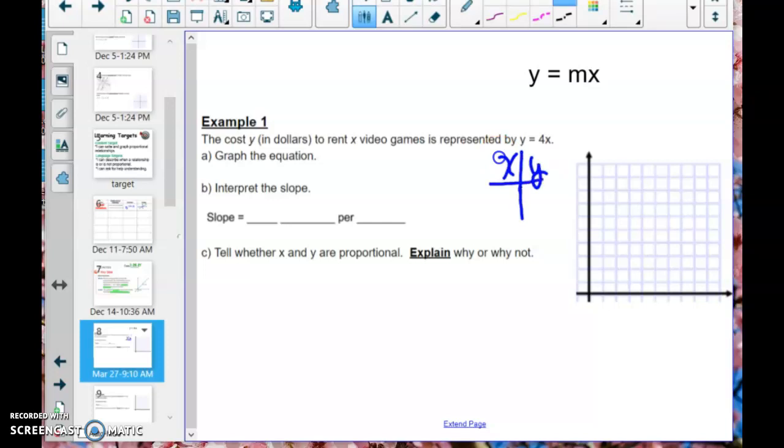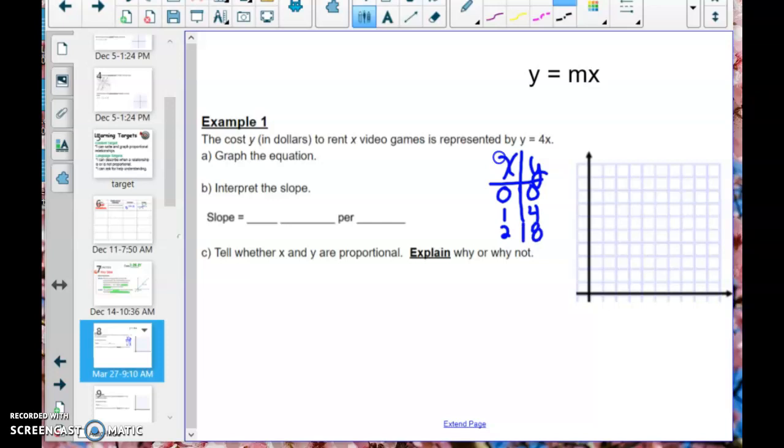Now remember, because we're talking about renting video games, you can't rent -1 video games. So the first points that I would start with are 0, 1, and 2. So then if I put those numbers into my equation, y equals 4 times x, well 4 times 0 would be 0, 4 times 1 would be 4, and 4 times 2, of course, would be 8.